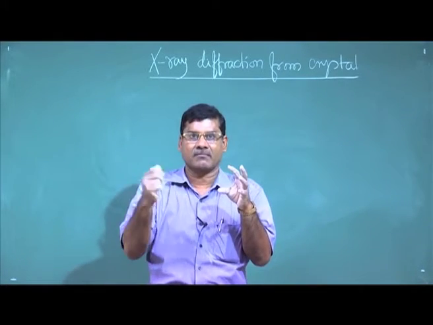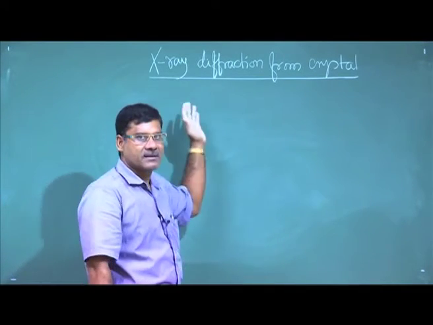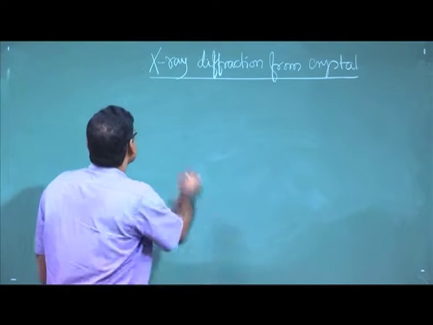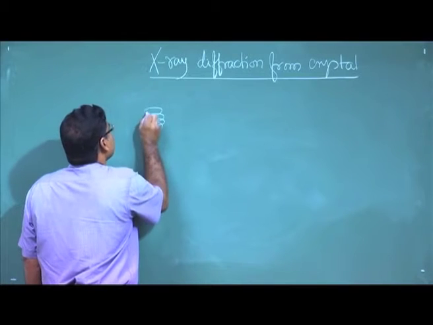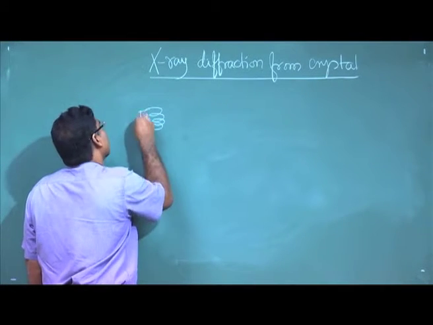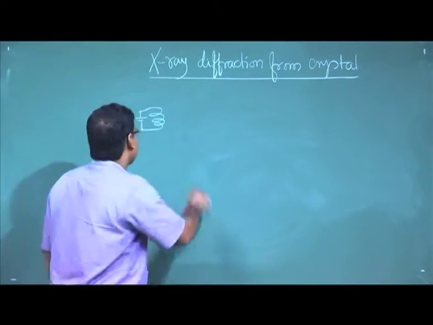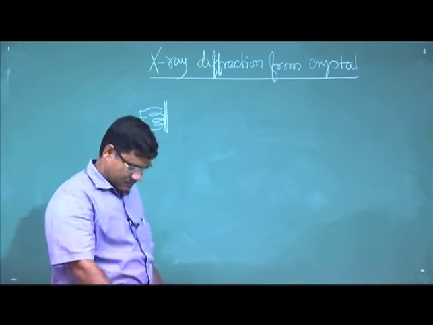It is under vacuum, and now at one end of the tube, inside the tube, the cathode is there. So, basically this is the filament. So, current will flow through the filament, and one material is here.